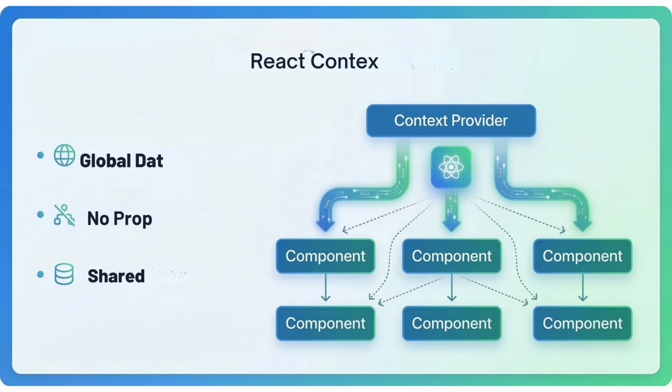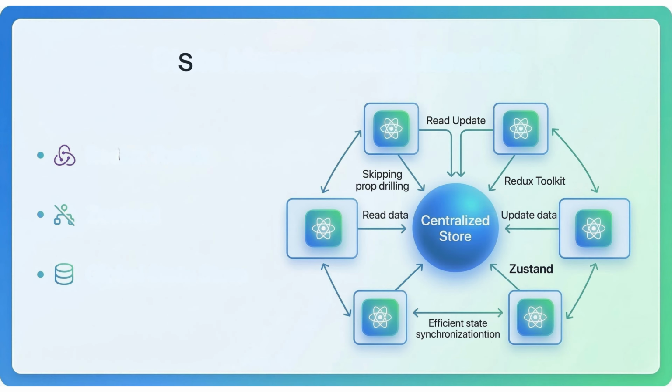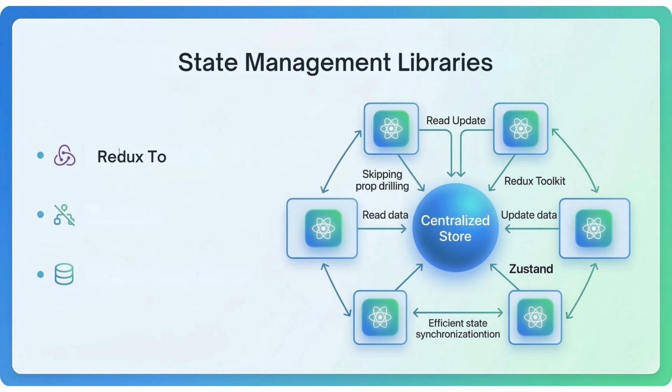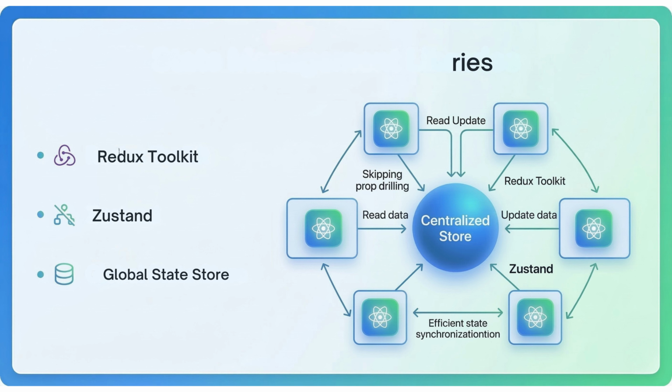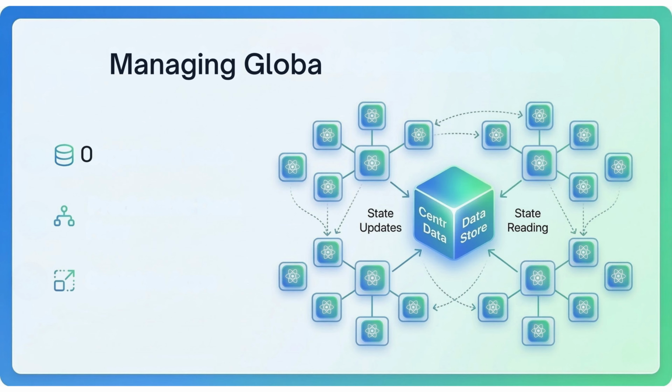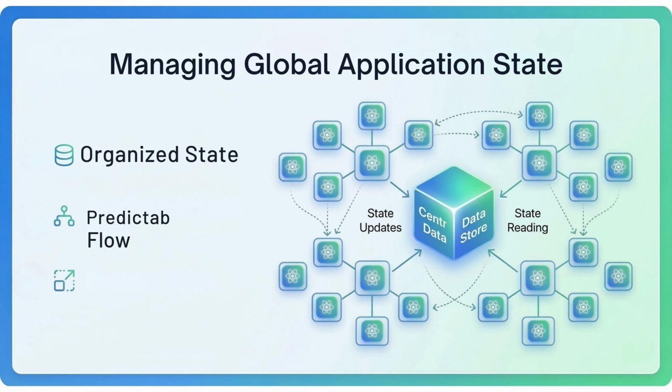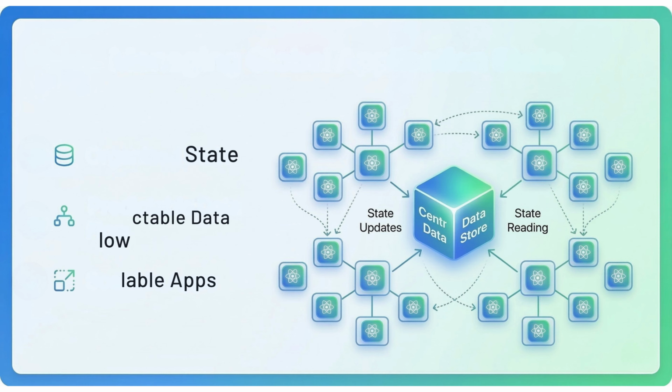Another powerful solution is the Context API, which allows components to share data without passing props through every level. For even larger applications, developers use state management libraries such as Redux Toolkit or Zustand. These tools help organize and manage global state.